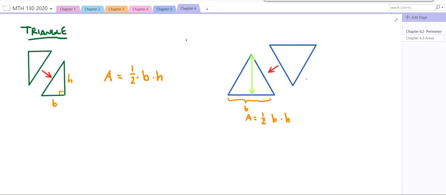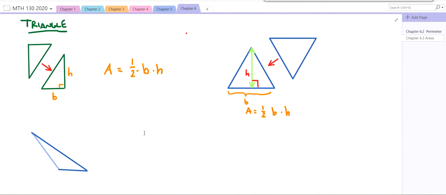Here I move the triangles away again, and I put arrows on them. So now you have to figure out what this height is, and it's a line perpendicular to the base here. So that has to either be given in the problem or you have to figure out what it is. But again, the formula is area is 1/2 base times height, just like this one.